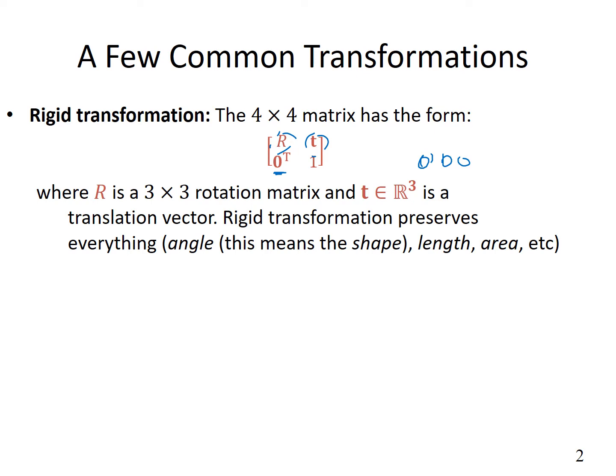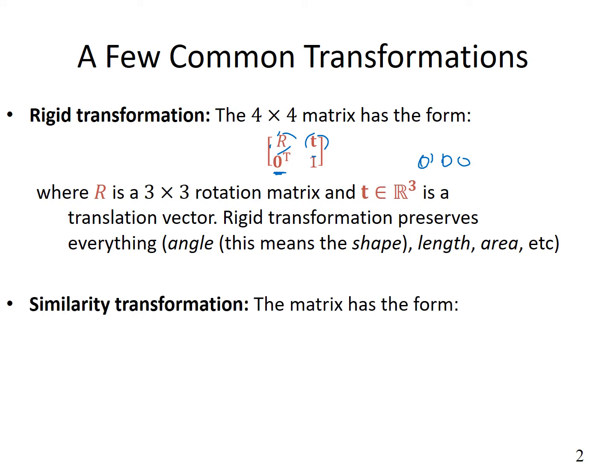Rigid transformations preserve everything, that is angles, lengths, areas, and shapes. They are all preserved. Another transformation is a similarity transformation. The matrix of similarity transformation is similar to rigid transformation except for an additional scaling factor.